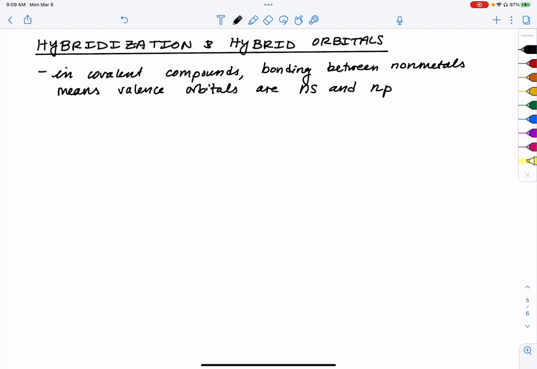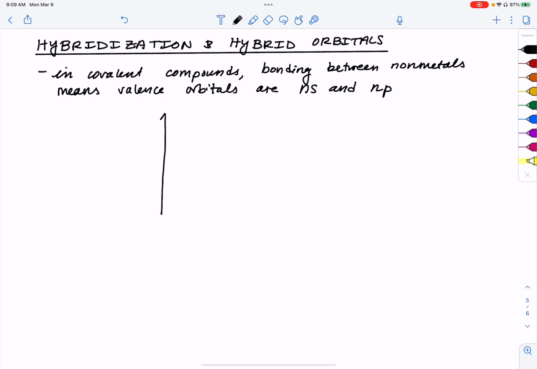Let's dive into this. I've started here by making a statement which says that in covalent compounds, we have to remind ourselves that the kinds of bonding orbitals, aka our valence orbitals, are between nonmetals, which always have these valence orbitals ns and np.